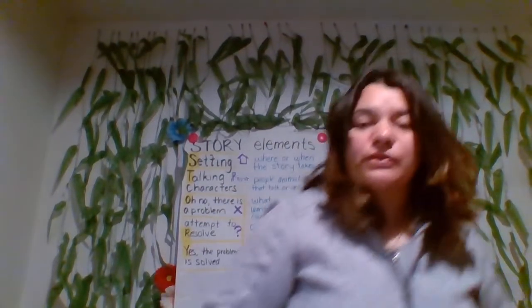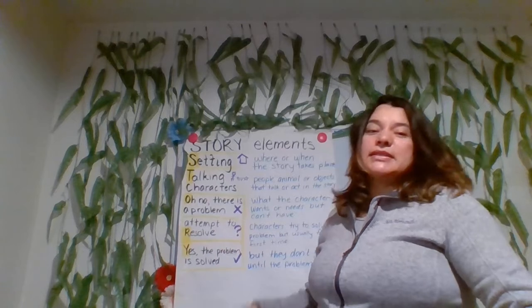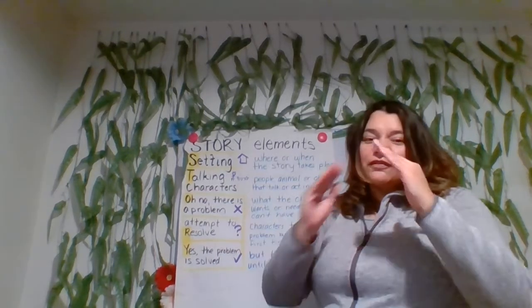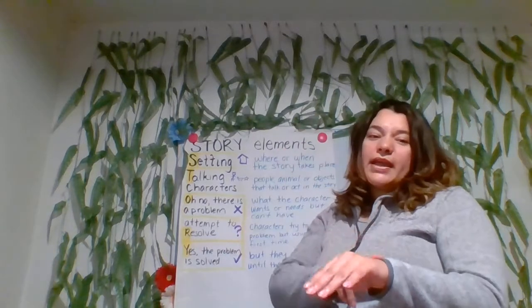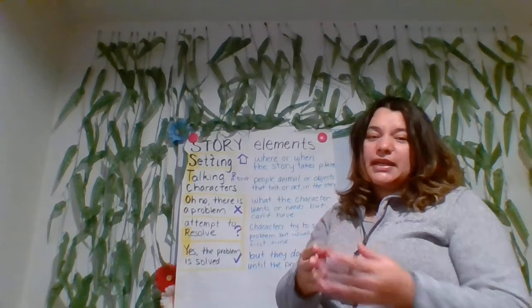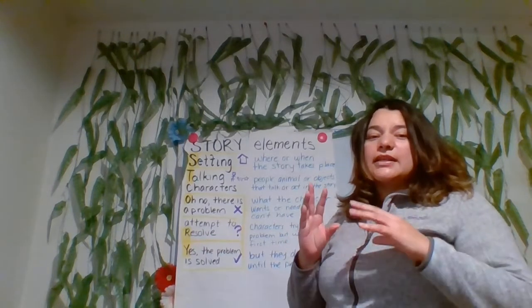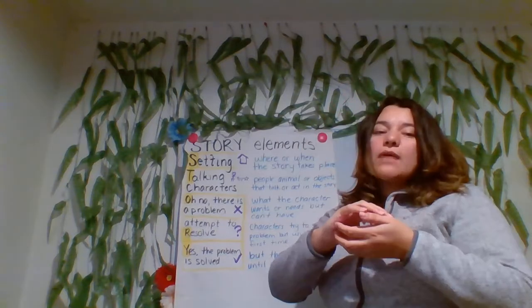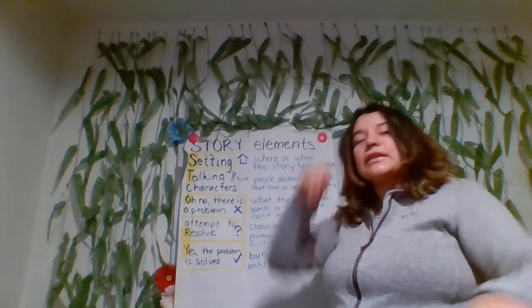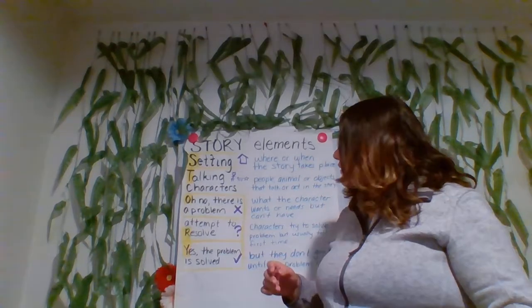So as always, when we do have a fiction story, we want to think about our story elements. S stands for setting, and setting is where and when the story takes place. T stands for talking characters, and the talking characters could be people, animals, or objects that talk or act in the story, and we are going to have talking animals in our story for today.